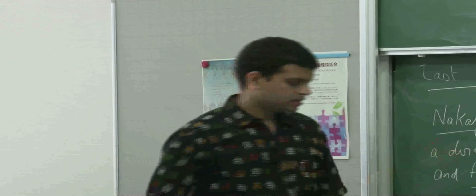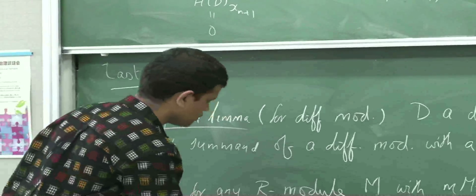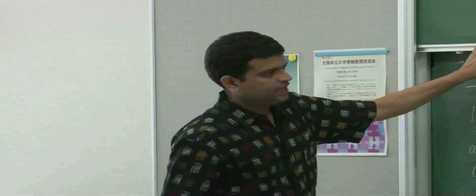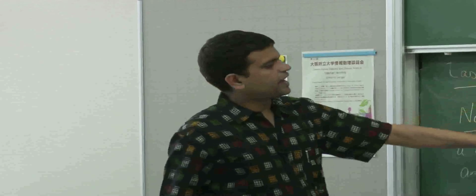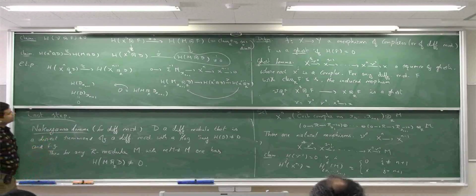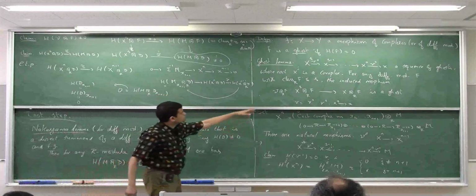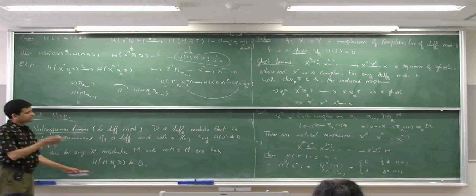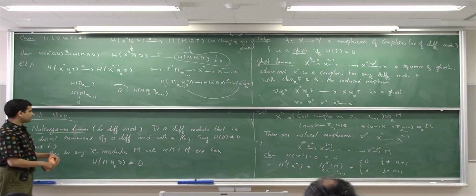So again, this calls for a proof. It's not immediate or obvious for differential modules. If you accept this, this completes the proof of the class inequality, because finally we have checked that the Gauss lemma applies. Okay, so this completes the proof of the class inequality, and this is where I want to end today.